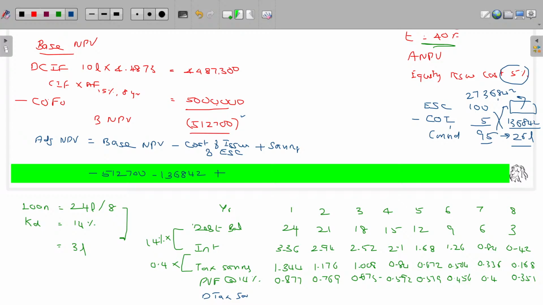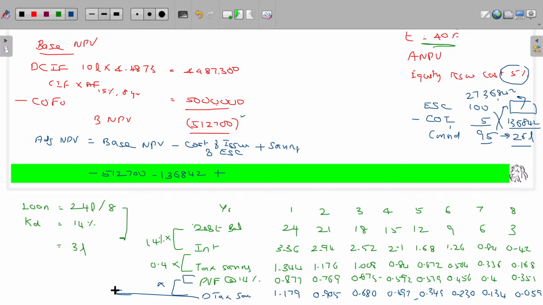Tax savings. You have to multiply these two to get the discounted tax savings. 1.179 and 0.905, 0.680, 0.497, 0.349, 0.230, 0.134, 0.059.